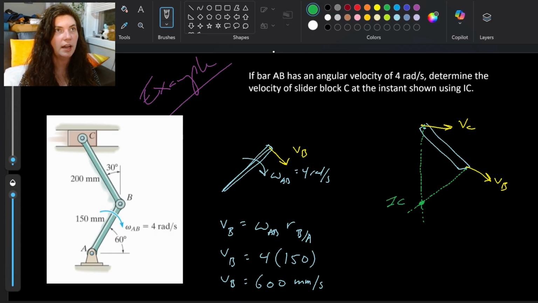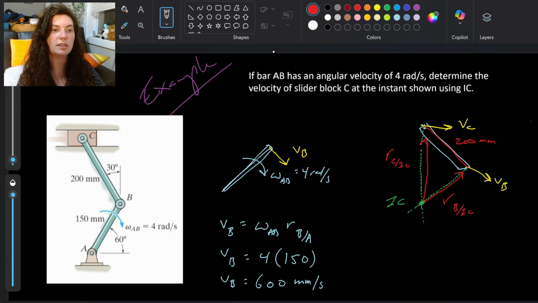Right, so I kind of write out my big relationships. I have R of B with respect to IC. I've got R of C with respect to IC. I have my VC. I have VB. I know this length here of member CB that was given as 200 millimeters.